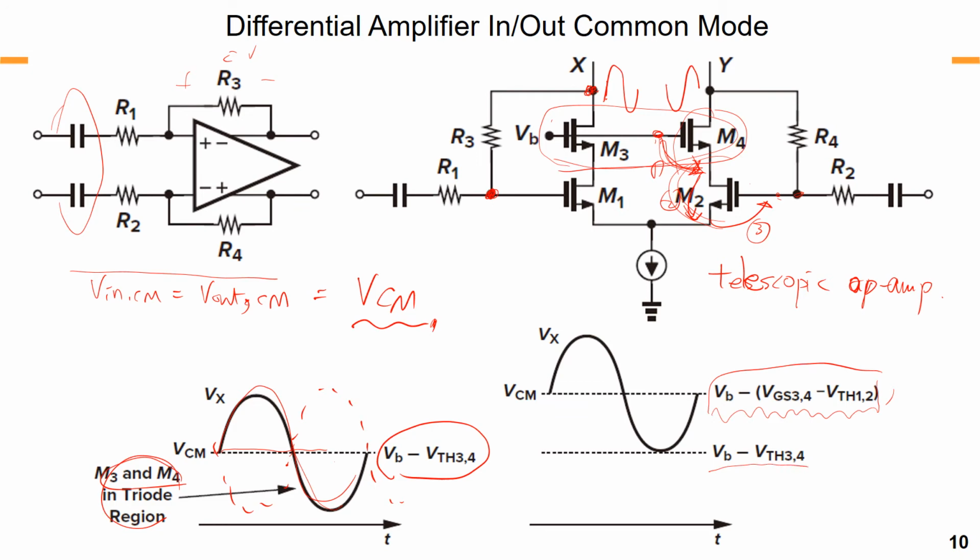This kind of swing limitation is still present. So this telescopic amplifier has a limited common mode range and swing.